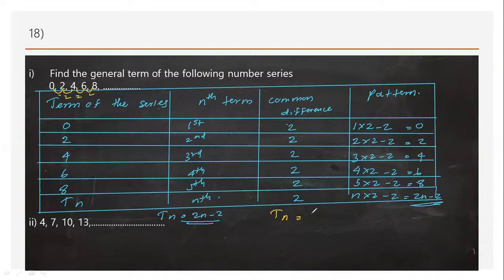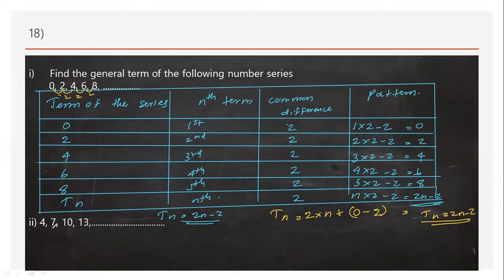This is the common difference. Then common difference into n plus first term minus common difference. First term is 0. Look here, Tn equals 2n minus 2, plus remaining 0 minus 2, which is minus 2, so minus 2. This is the general term. So I will find the general term like this.